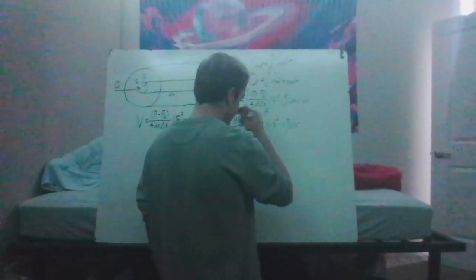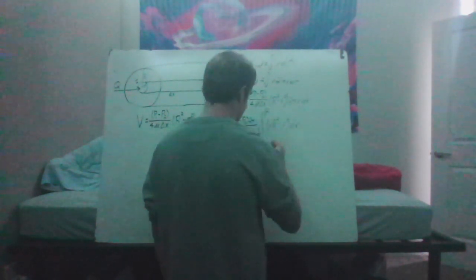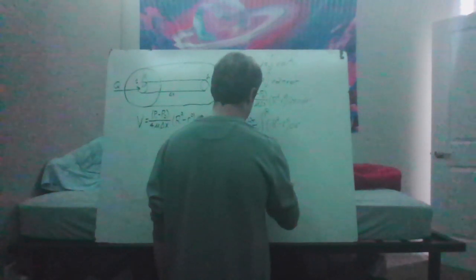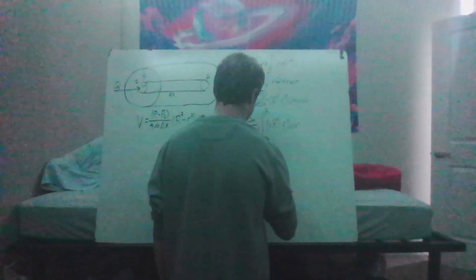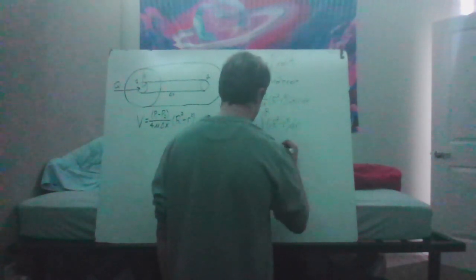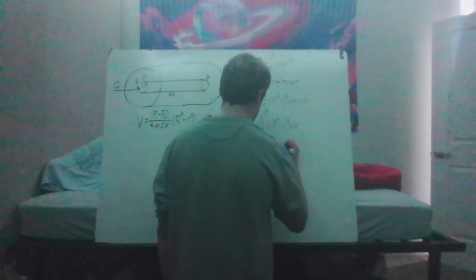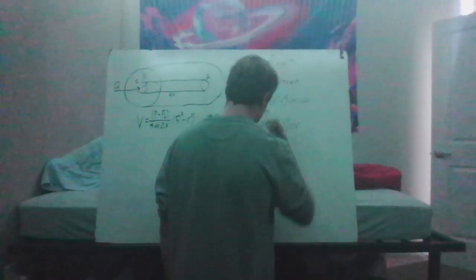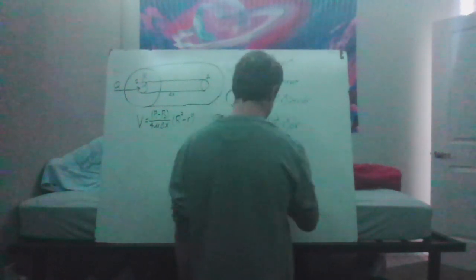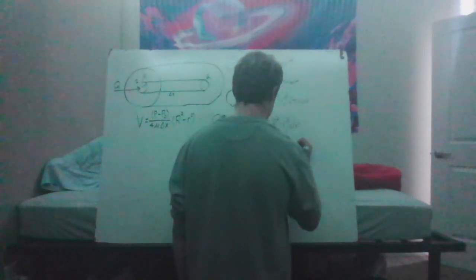And as far as our integral goes, this will be big R squared, little r squared over 2 minus little r to the fourth over 4, evaluated from 0 to big R.